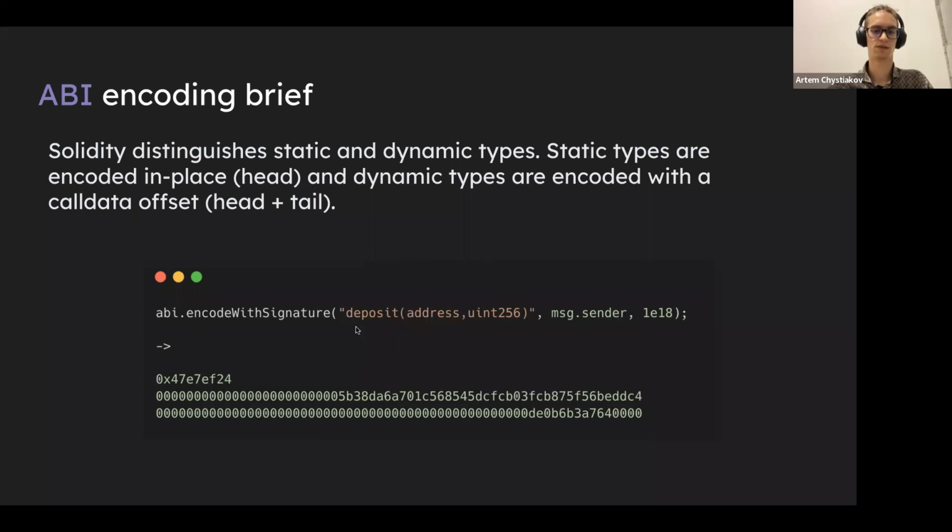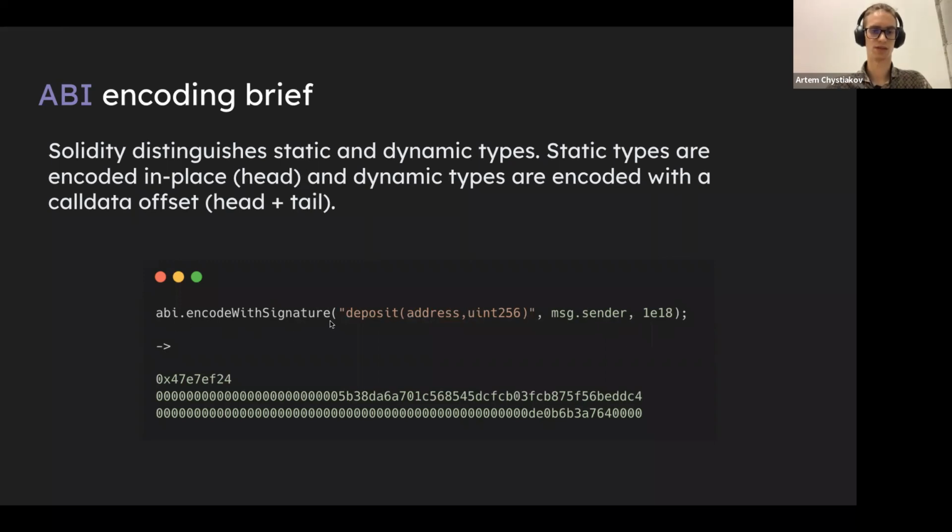So here we have a simple example of encoding. There are no dynamic types here, only static ones. The function that we are encoding is deposit, which accepts address and uint256. And we have two parameters here, the message sender and one with 18 zeros. This is just a syntax trick in Solidity.